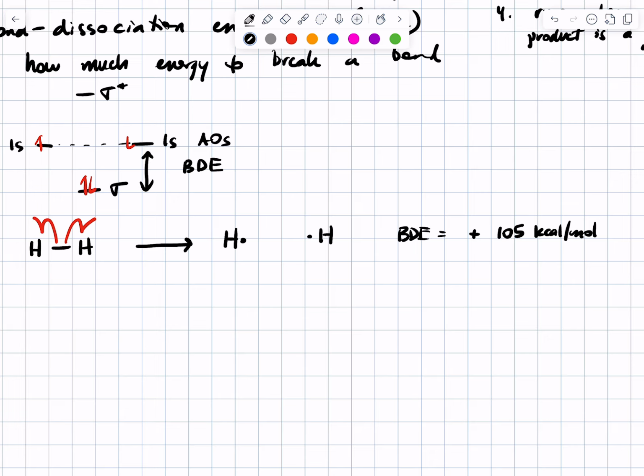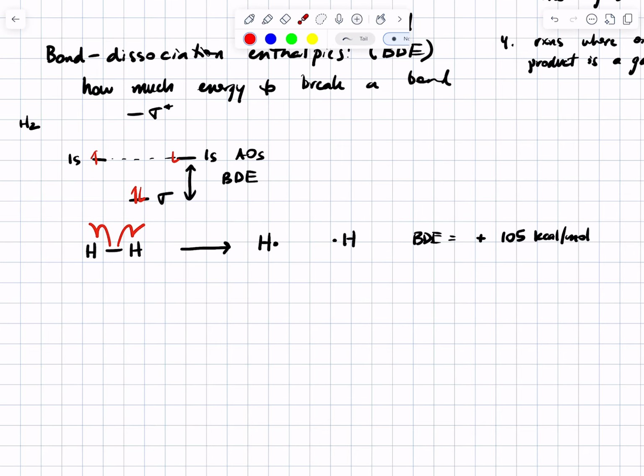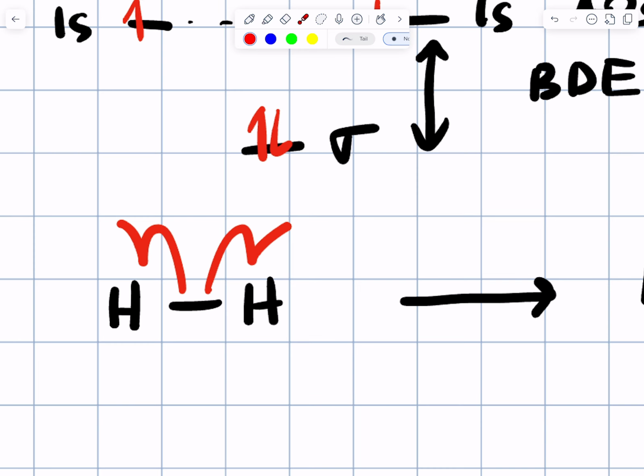That means you have to put in 105 kilocalories per mole of hydrogen in order to split hydrogen into its two hydrogen atoms. These bond dissociation enthalpies are all for what we call homolytic bond cleaving. That means you break the bond and it's not like one partner gets both electrons and the other gets none. They each get one. That's the reference point. These little half-hooked arrows that we're using, that's the symbol for one electron moving. If the arrow had two little flags at the end of it, that would be 2 electrons. If it has one, that's just 1, okay?